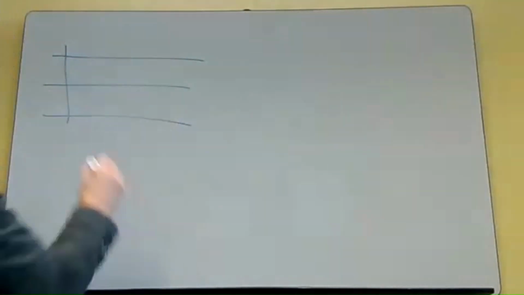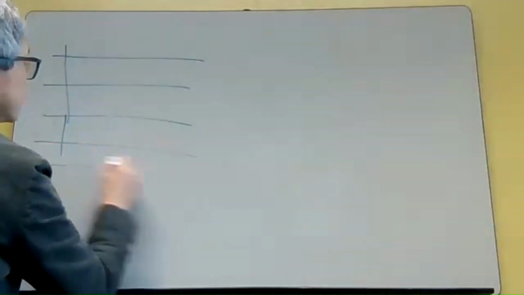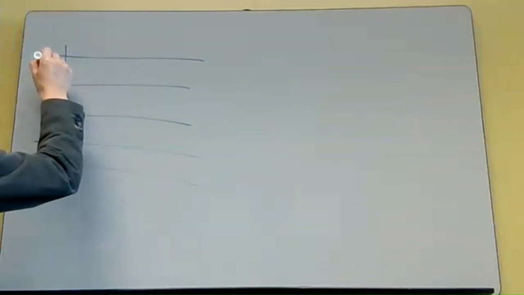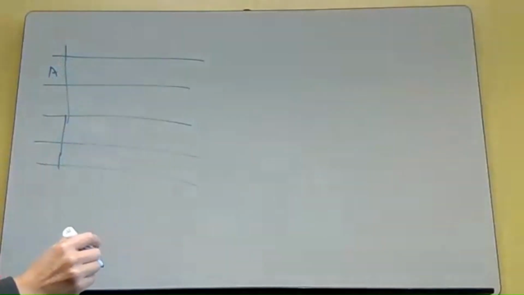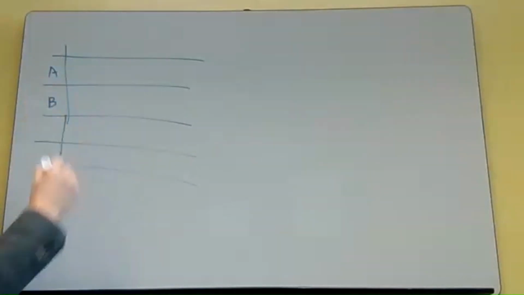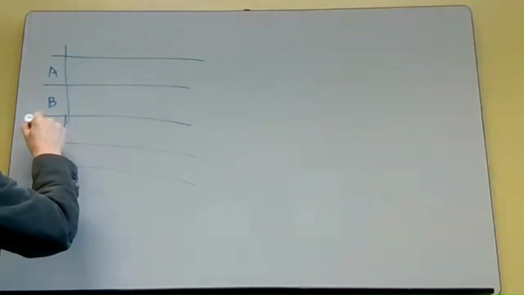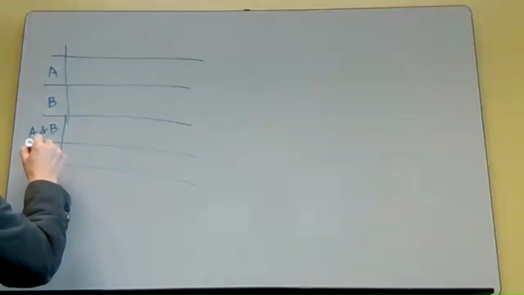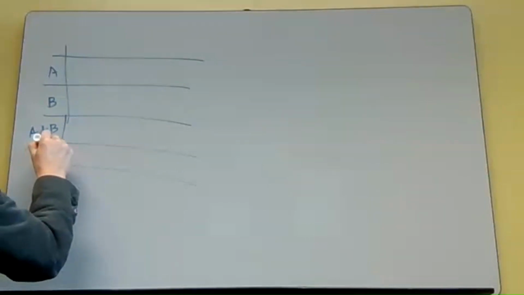So we have options, right? Buy a parcel at location A, or buy a parcel at location B, maybe buy both parcels, or you buy nothing.